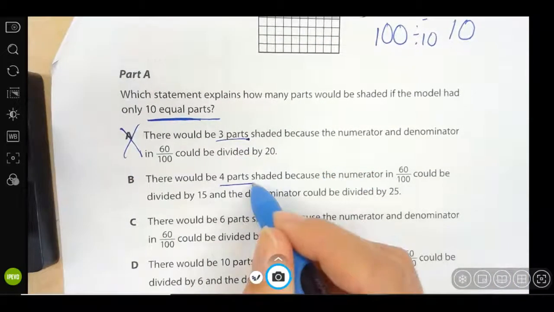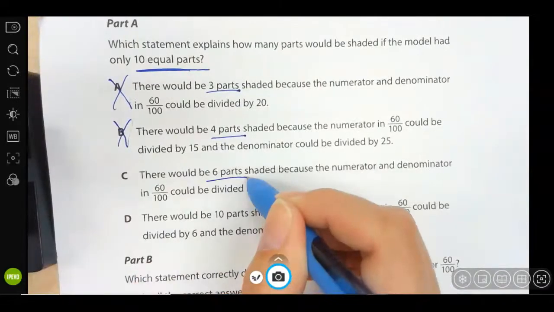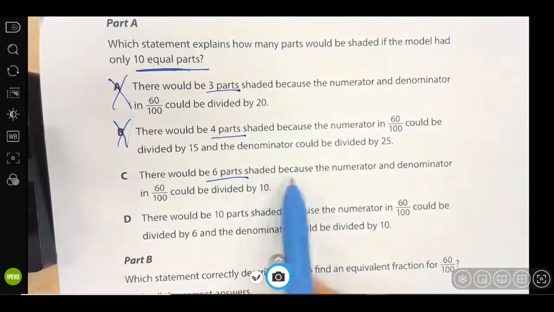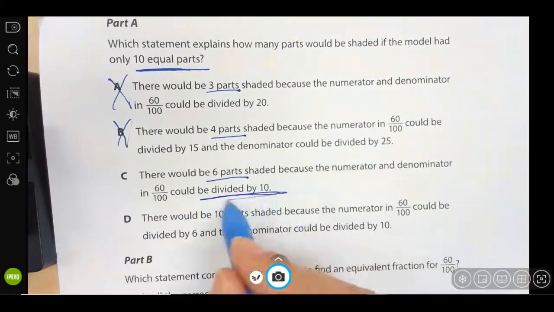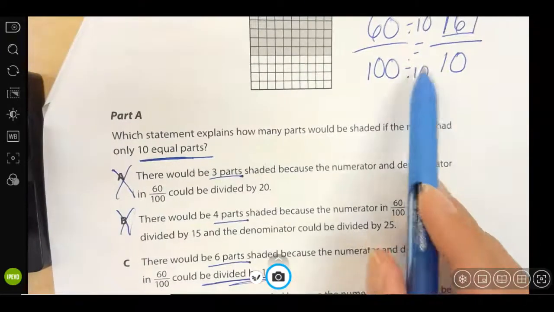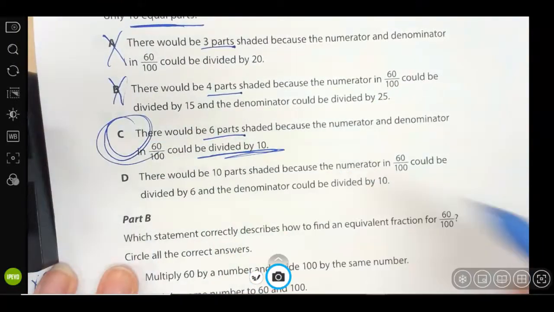No. 4 parts? No. 6 parts? But let's make sure it's the same. There would be 6 parts because the numerator and denominator could be divided by 10. Is that what you guys did? Yeah, so the correct answer would be 6 tenths. C, 6 tenths. Good.